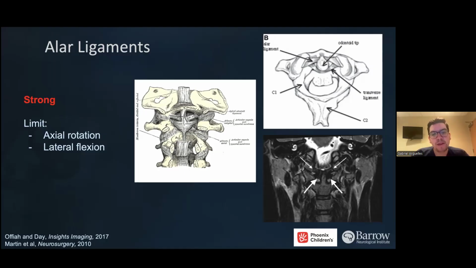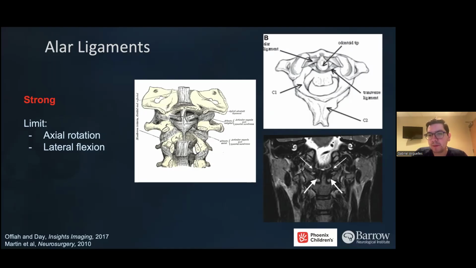If you think about the joints moving in axial rotation, the contralateral alar ligament tenses up: when you turn to the right, the left alar ligament tenses up. So it's really the contralateral alar ligament that restricts axial rotation, and a similar thought process goes for lateral flexion.